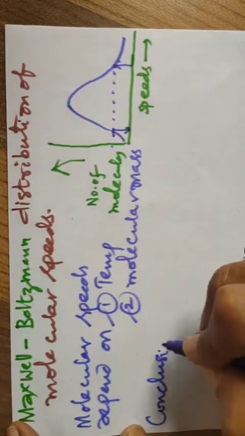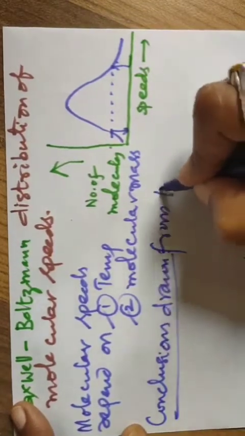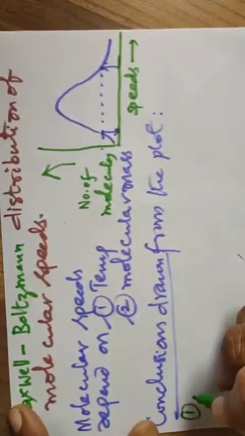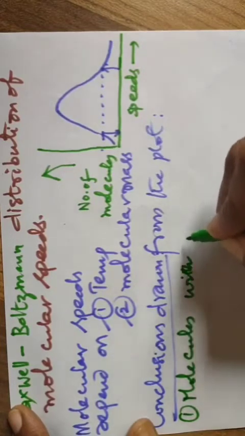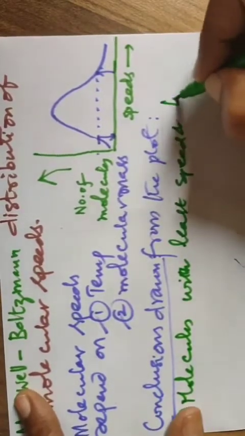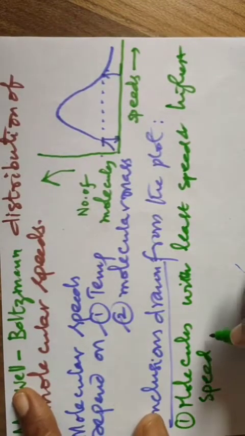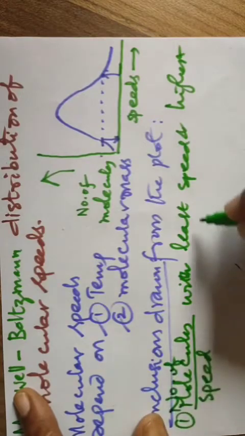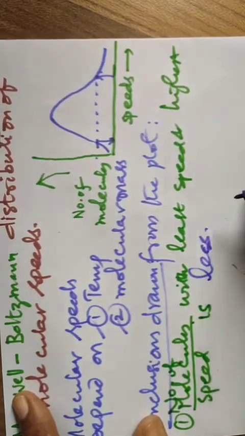What are the conclusions drawn from the plot? The number of molecules with the least speed and the highest speed is small.